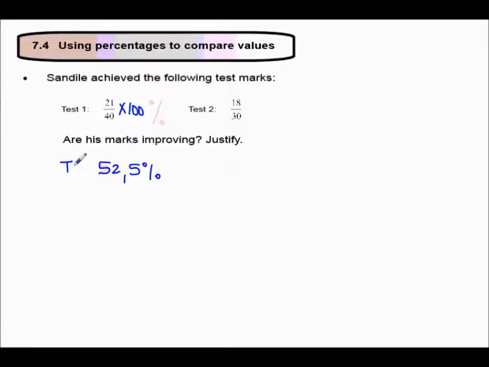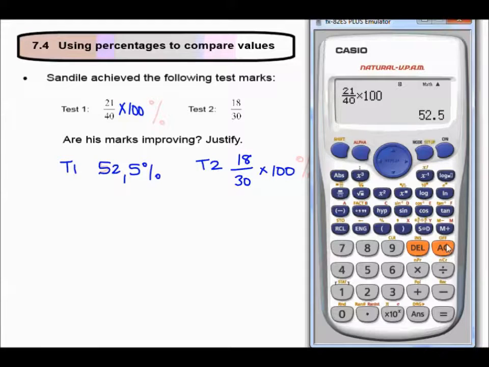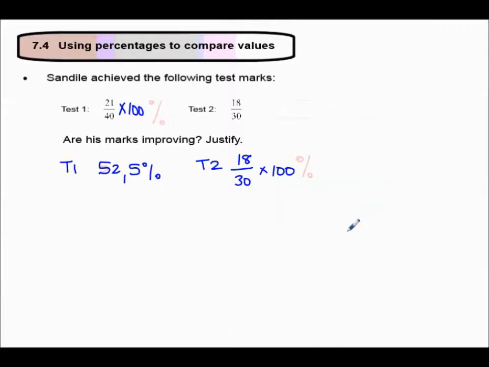Test 2 would be 18 out of 30 multiplied by 100, and that is 60%.